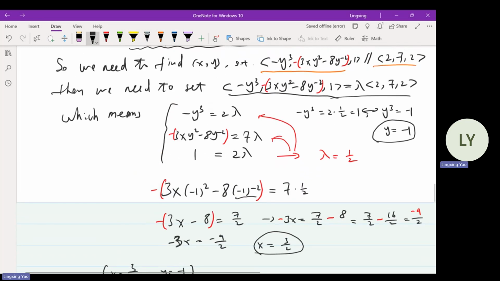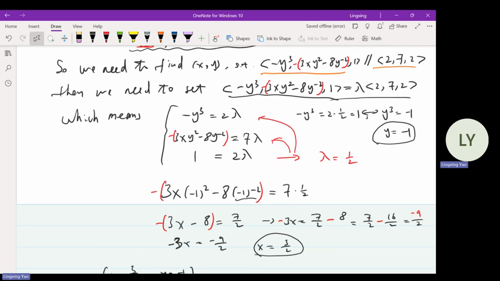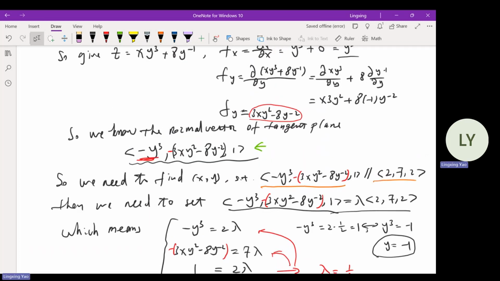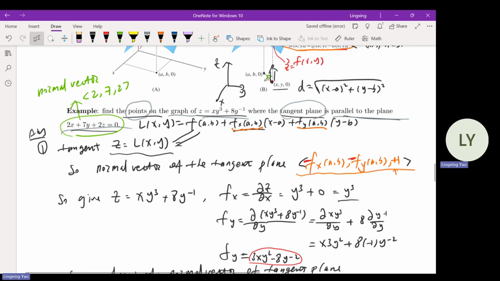All right. So there's one note I want to make. Over here, I'm using this x and y variable to set the normal vector. In our previous discussion, we used a and b.